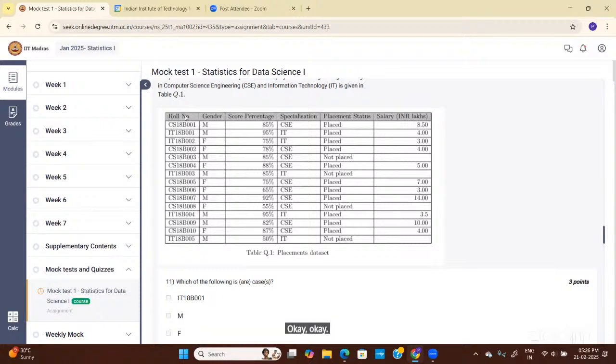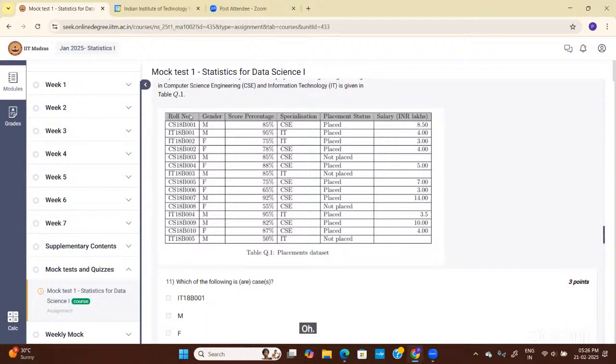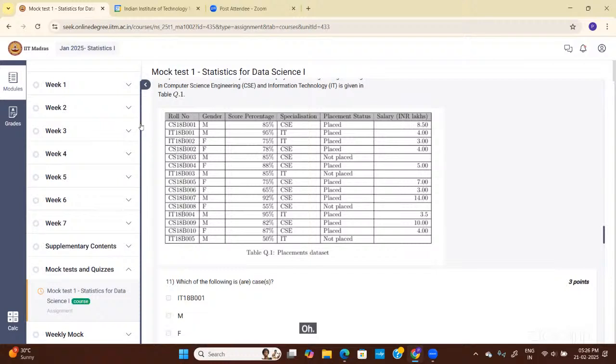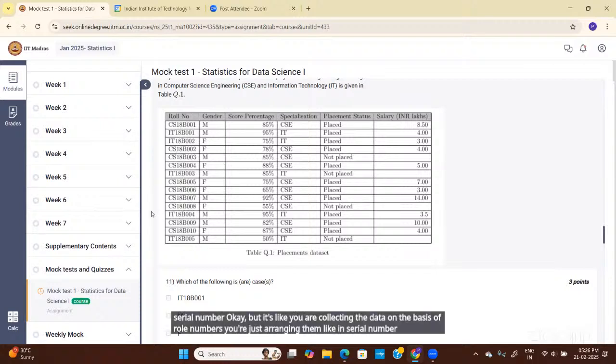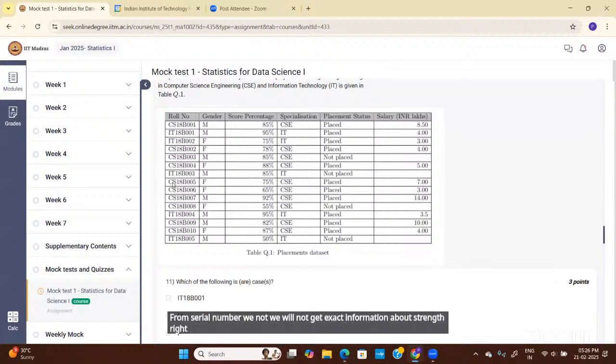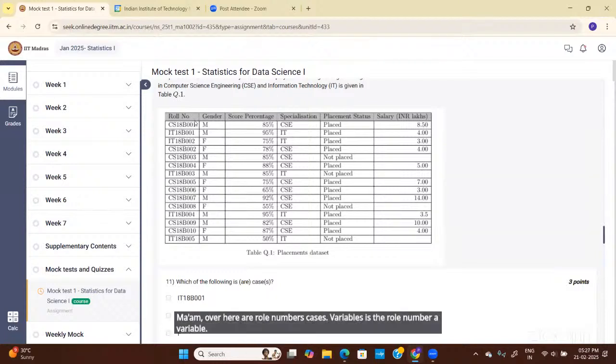If we add a column of serial number, you are collecting the data on the basis of roll numbers and just arranging them by serial number. From serial number, we will not get exact information about the student. If you put serial number over here, are roll numbers cases and variables? Is the roll number a variable? Wait.